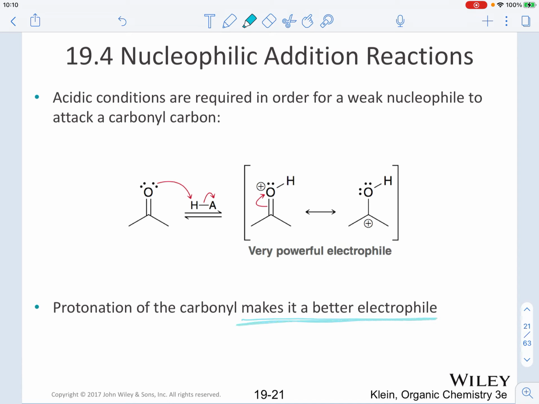And as you can see in the following drawings, once we have the protonation occurring, and this is the intermediate that we first proposed, it has a resonance structure in which now you can observe that we form a carbocation specifically in the carbon atom in the carbonyl, and the oxygen is neutral. So as you can see, protonating that carbonyl makes it a much better electrophile, and since our nucleophile is going to be a weak nucleophile, that's why that is more advantageous.